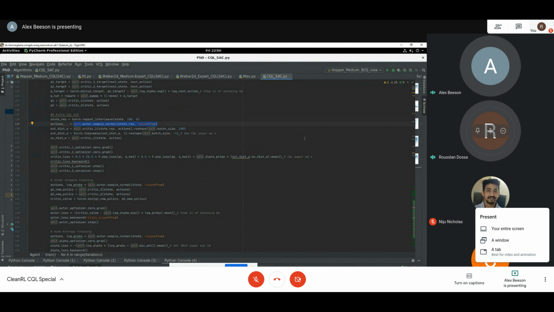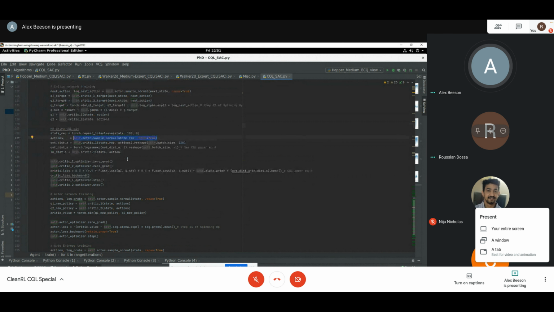Maybe I'm just fooling myself. I don't know. Actually, they do say sampling from the past policy is more stable on high-dimensional action spaces, I believe, at the beginning of page 5. Oh, yes, okay. Good to know.